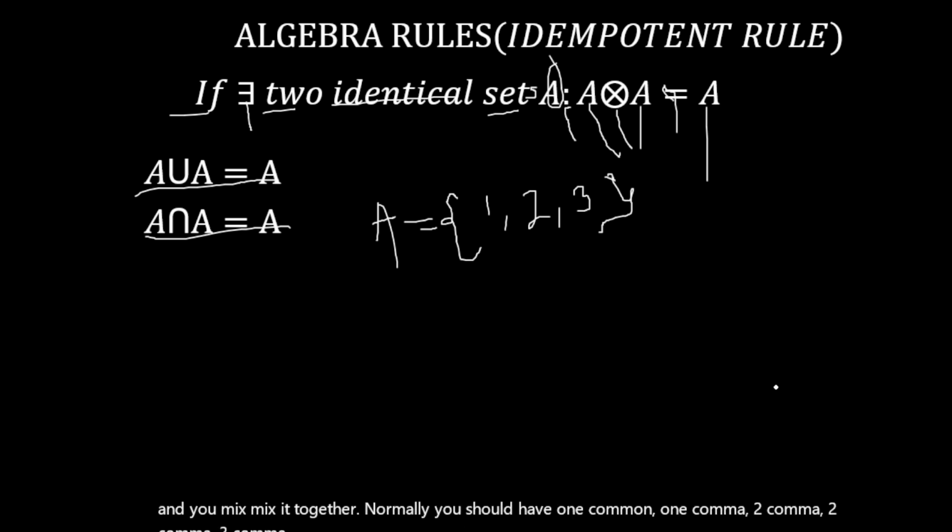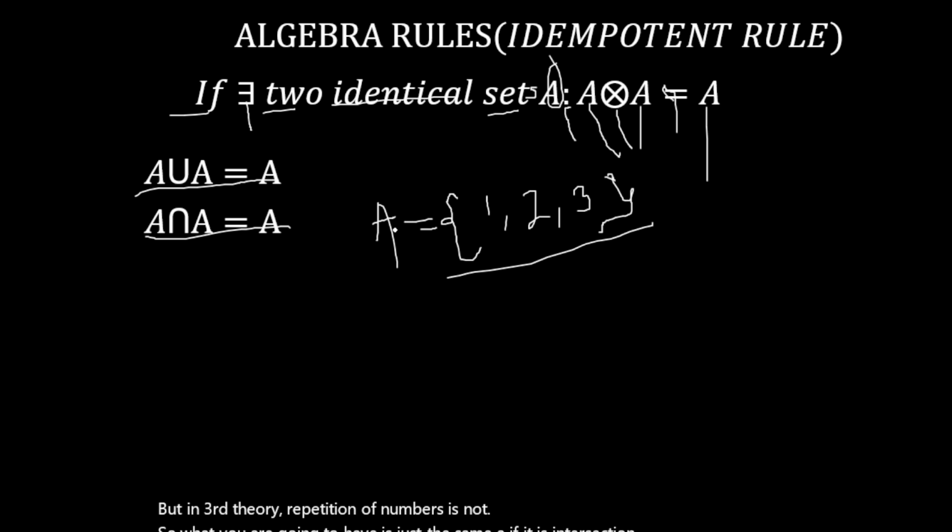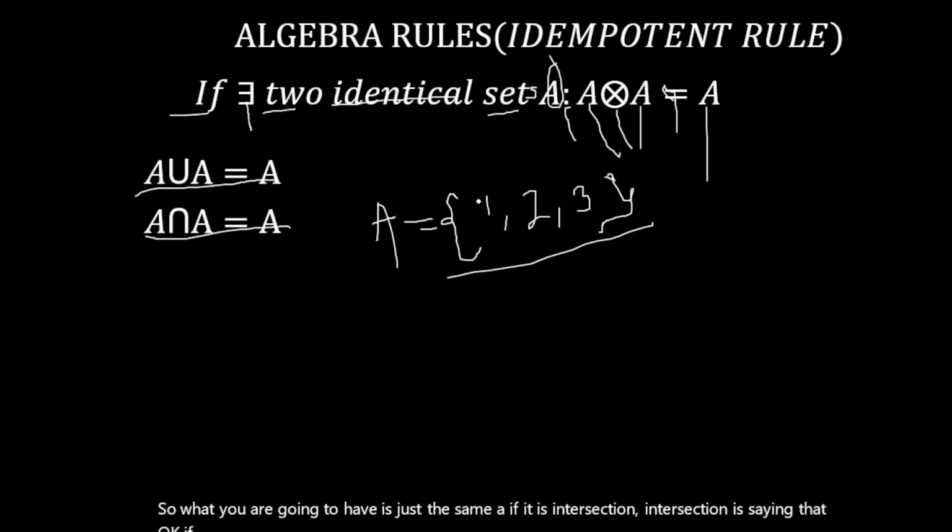But in set theory, repetition of numbers is not allowed. So what you are going to have is just the same A. If it is intersection, it is saying that if you have A and A, look at what is in the first and what is in the second, that they are exactly the same. 1 and 1, they are the same. You have 2 and 2, they are the same. You have 3 and 3, it's the same. So this is how this rule is working.